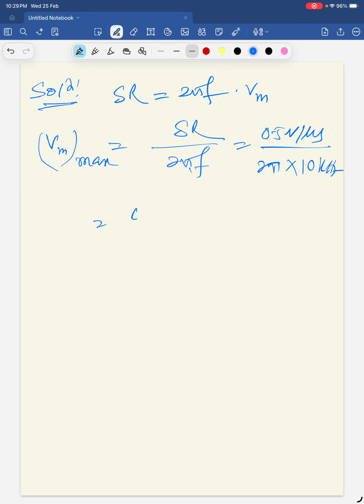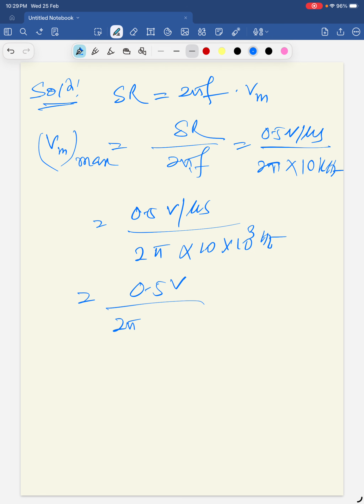So 0.5 volt per microsecond divided by 2 pi into 10 into 10 to the power 3 hertz. We may write 0.5 volt by twice pi into 10 into 10 to the power 3 hertz, and the microsecond will come down, so 10 to the power minus 6 second.